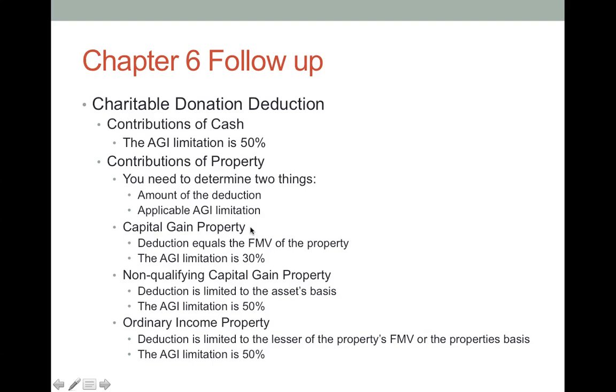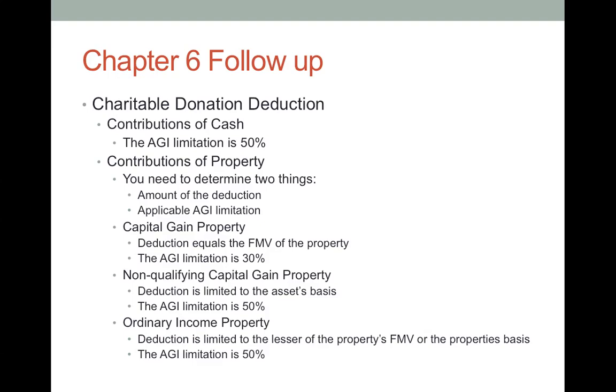Capital gain property is basically any property that, if you sold it instead of donating it to a charity, the sale would generate capital gain income. So we're talking about investment assets, specifically stocks and bonds, and maybe property like land and those types of investments. Those are typically what we think of when we think of capital gain property.